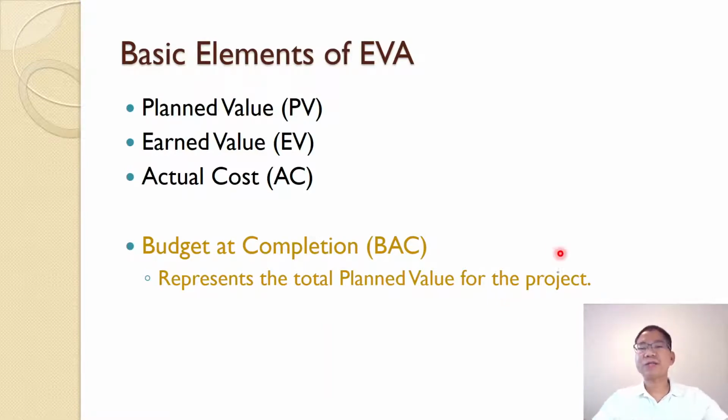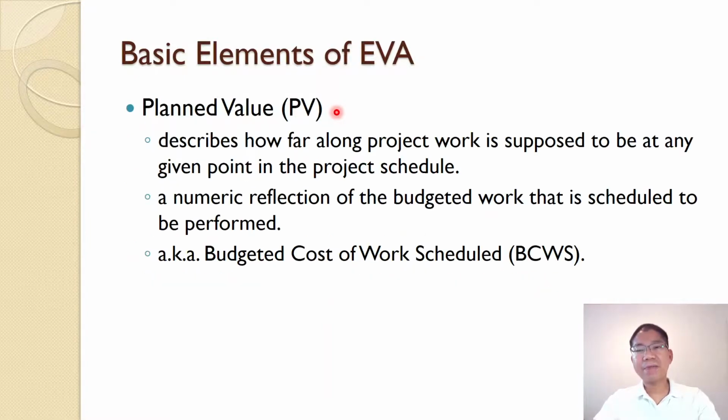So let's talk about these three basic elements, and that is the purpose today. You need to see the differences between these three basic elements: PV, planned value, EV, earned value, and AC, actual cost. Before that, we need to go to the definitions of those three elements.